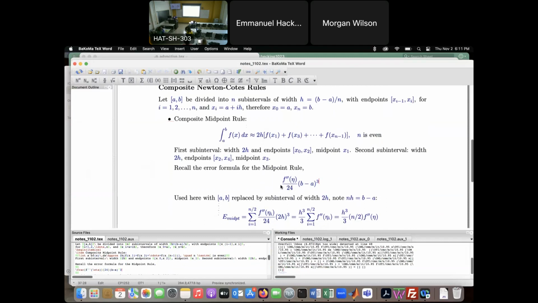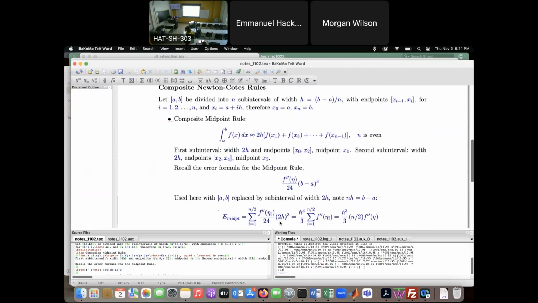So I take the error from each one of these and add them up. So for each application of the midpoint rule, I'll have this expression where I'm applying the midpoint rule on an interval of width 2h. That's what goes down here. So wherever you see b minus a here, that's going to be 2h here. And each time we have the second derivative evaluated at a different unknown point within its own subinterval.